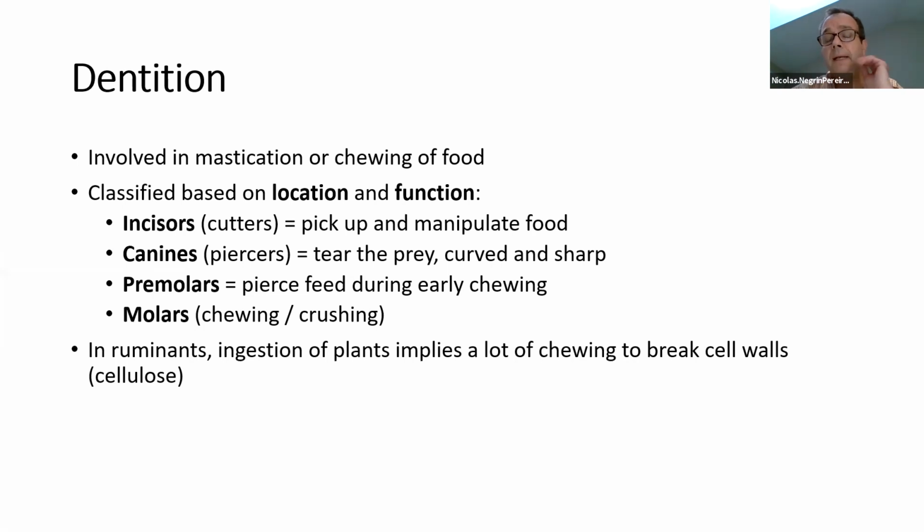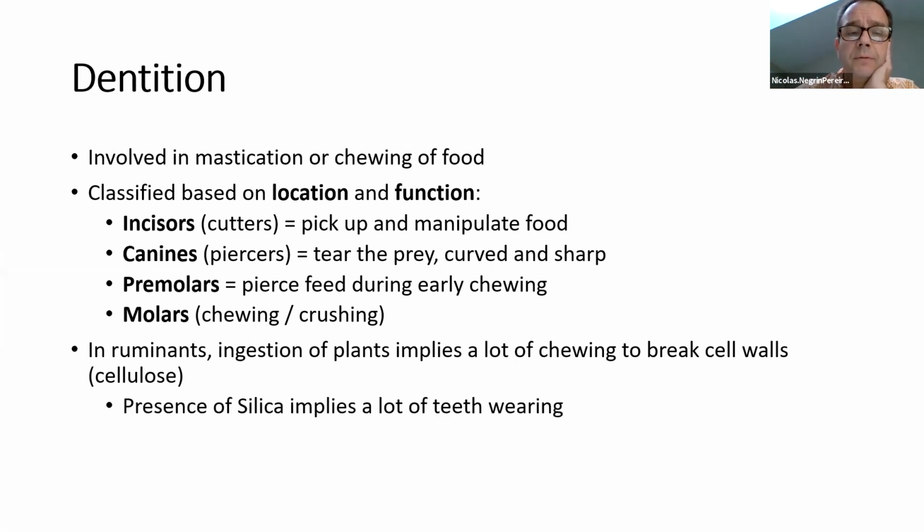Cellulose and hemicellulose in plants are quite hard, so that's why the function of the molars in crushing the food thoroughly is so important. And of course, then we have the process of rumination. We're going to talk a little bit about that, which is an extension of the crushing of the molars, done by the animal when it is normally resting.